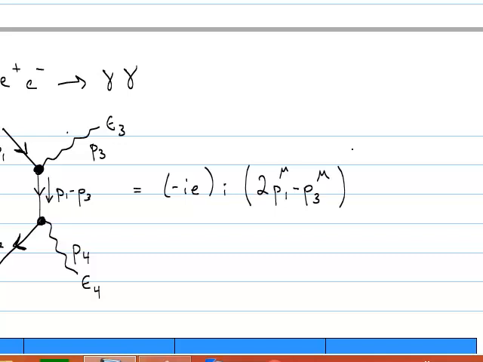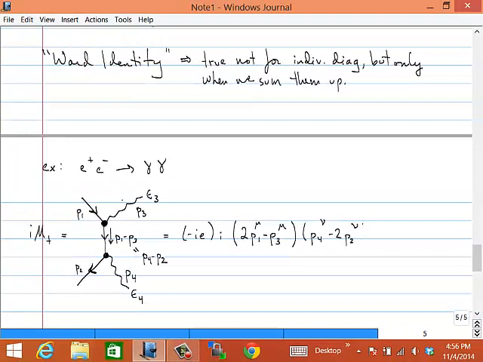And then the second one, well, I could use the fact that this is also P4 minus P2 to write this as P4 nu minus 2 P2 nu. Okay. Of course, I could also write it in terms of P1, P3, and P2, but I'll just write it in terms of P2 and P4 for reasons that may become obvious soon.